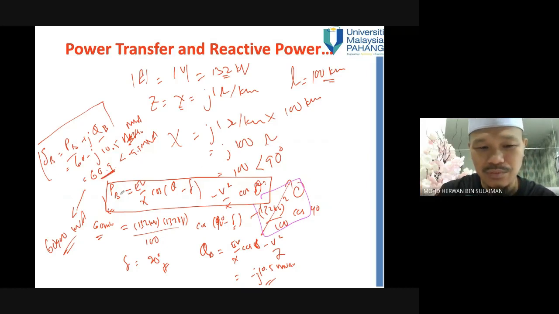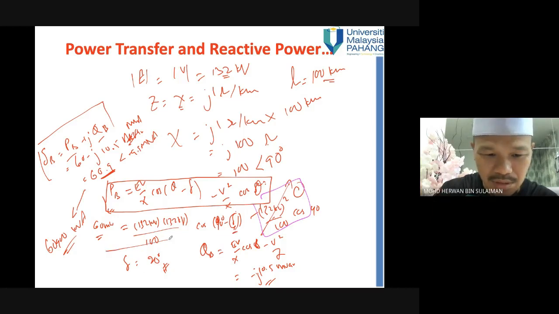Okay, so PB we know is 60 megawatts. Your EV, since E and V are the same, is 132 times 132 divided by your X, 100, cos of 90 degrees minus theta. Minus 132 squared divided by 100 cos 90, because cos 90 is 0. So you can rearrange this equation to find your theta.